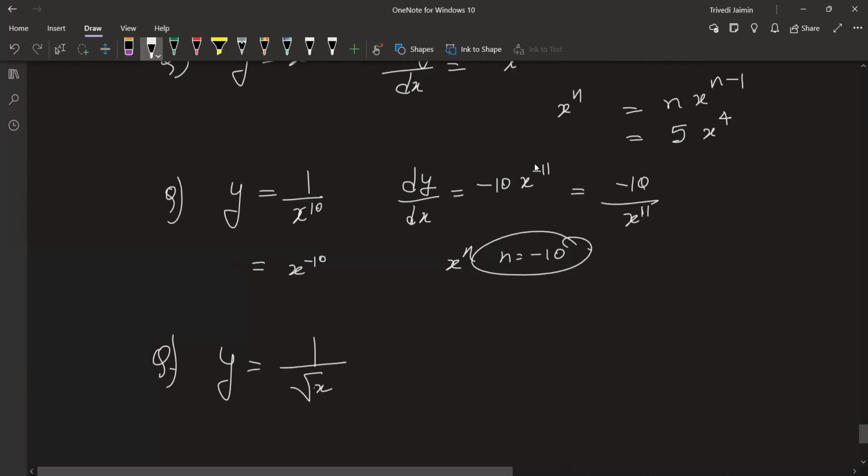Sir, is it minus half x to the power of minus 3 by 2? Same answer, sir. Minus 1 by 2 times x to the power of minus 3 by 2. Okay. What about the remaining two? Samhita, Rahman? I got the same, sir. Same? What about Samhita? Yes, sir.